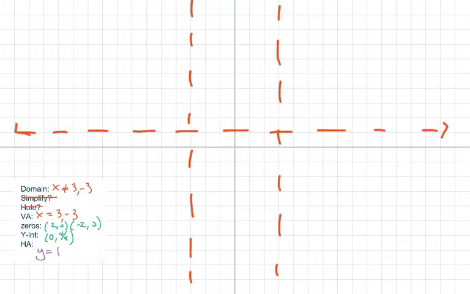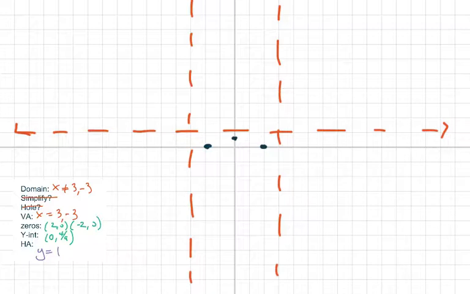And so now I plot the zeros. I have zeros at 2, 0, and negative 2, 0. Okay, this is nice. This gives me an idea of what the graph looks like. The y-intercept is at 0, 4 ninths, so about 1/2. Okay, so can you identify the shape already?